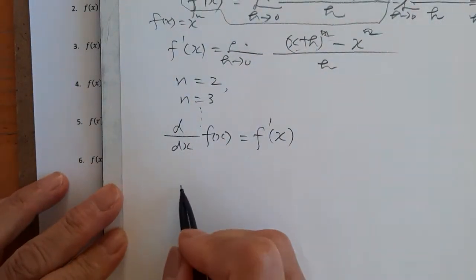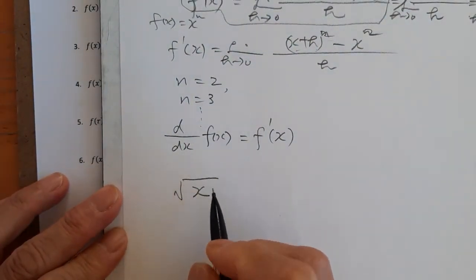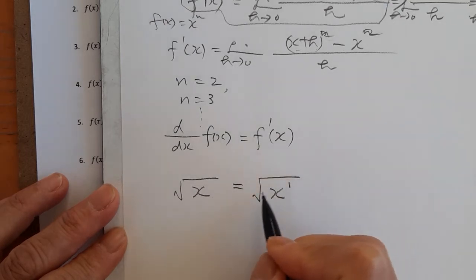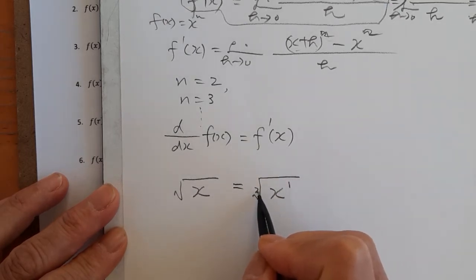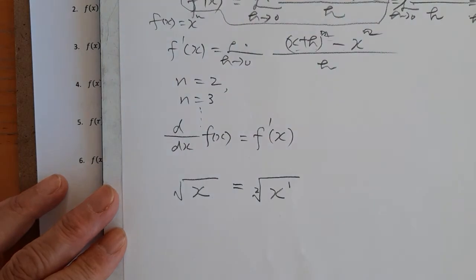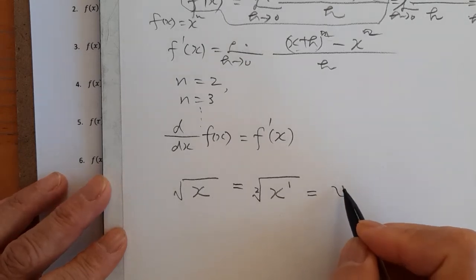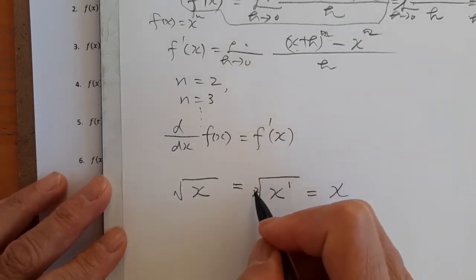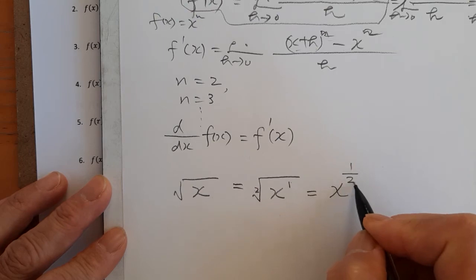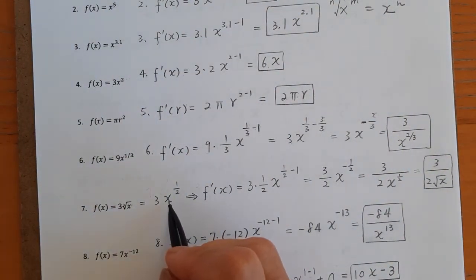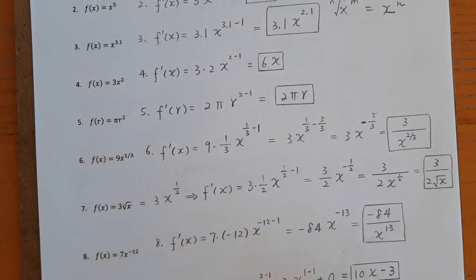This square root of x means square root of x to the power 1. The 2 we don't write out. So change to exponential form: 1 over 2, so it becomes x to the power 1 over 2.